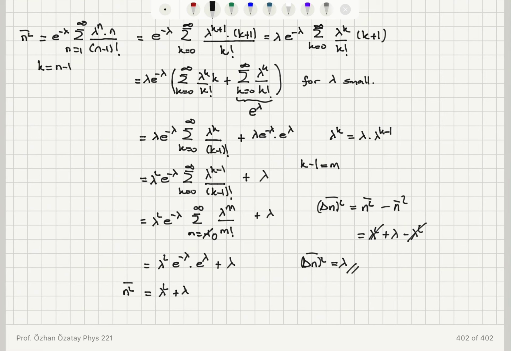So it is from 0 to infinity, lambda to the k plus 1, because k was n minus 1, and for n I substitute k plus 1 divided by k factorial. So this becomes lambda e to the minus lambda sum lambda to k over k factorial times k plus 1.